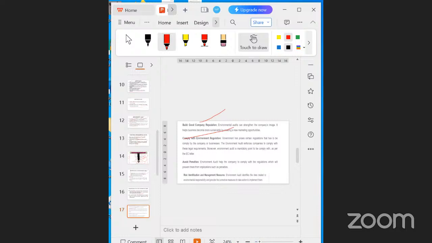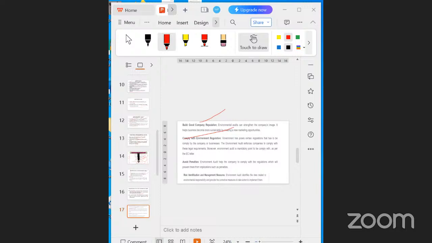So when done properly, a comprehensive environmental audit can uncover problem areas and provide recommendations for follow-up, so the company can fix it before its reputation is destroyed and regulatory problems arise, right?